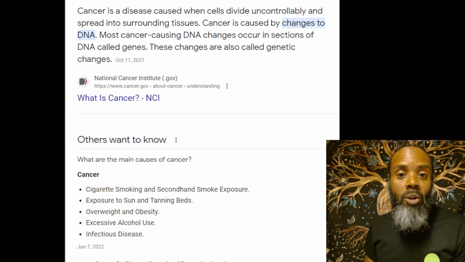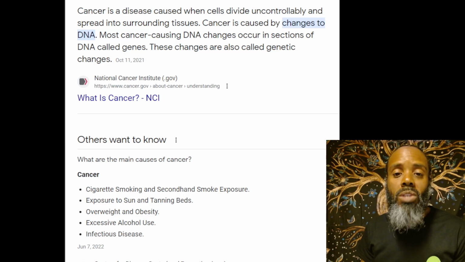So now let's talk about cancer. I feel like I skipped something. But anyway, cancer is a disease caused when cells divide uncontrollably and spread into surrounding tissues. Cancer is caused by changes to DNA. Most cancer-causing DNA changes occur in sections of DNA called genes.